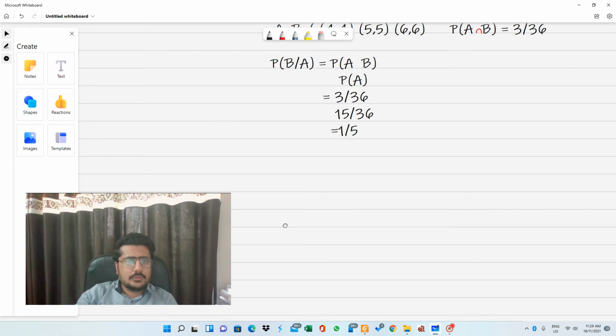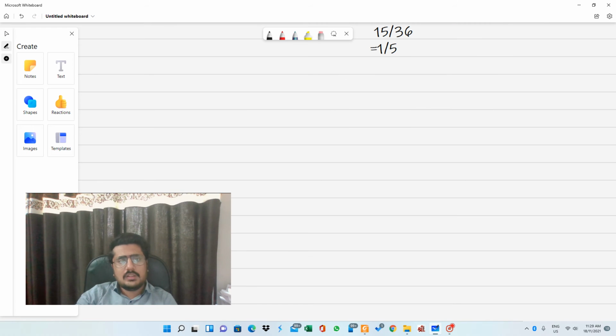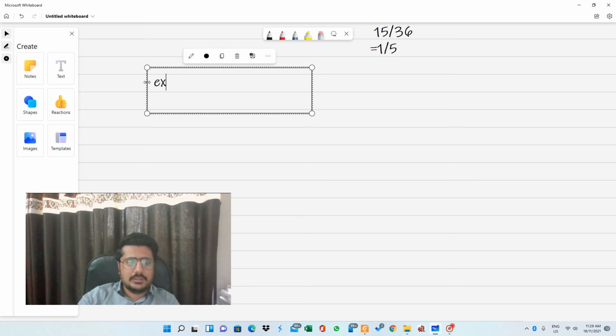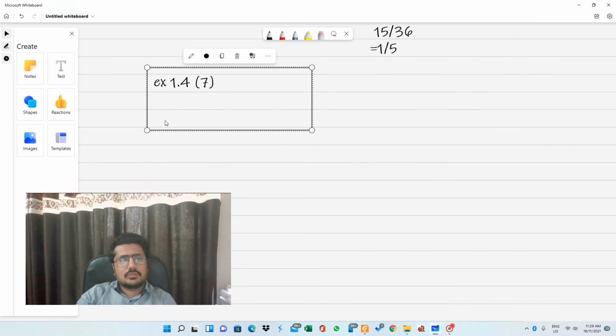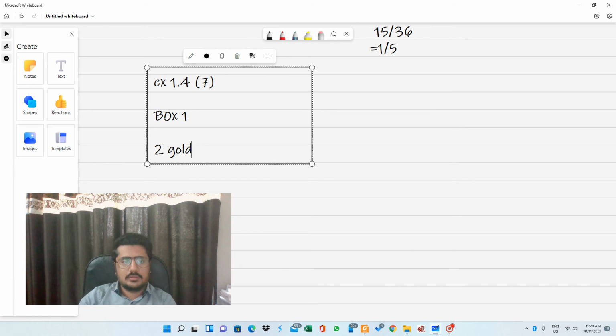So basically, first of all, let's write the question. Exercise 1.4, sum number 7. There are two gold coins and four silver coins in a box. In box 1, there are two gold and four silver.